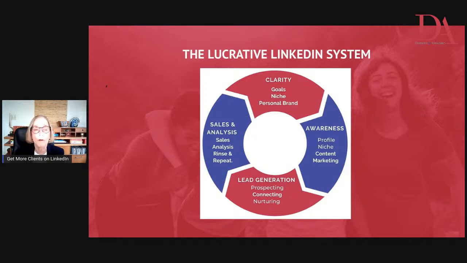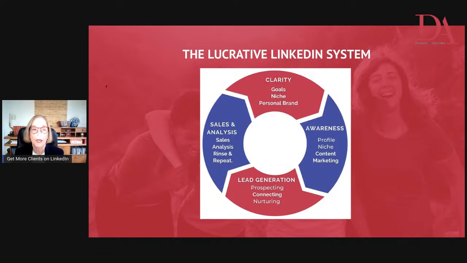You might have a great article that just fits in with what their problem might be or what their industry might be going through right now. And that would be a great way to do a direct message. Understand that direct messaging is the number one way to get people eventually off of LinkedIn and into a sales conversation with you. That is the step that's going to make that happen.